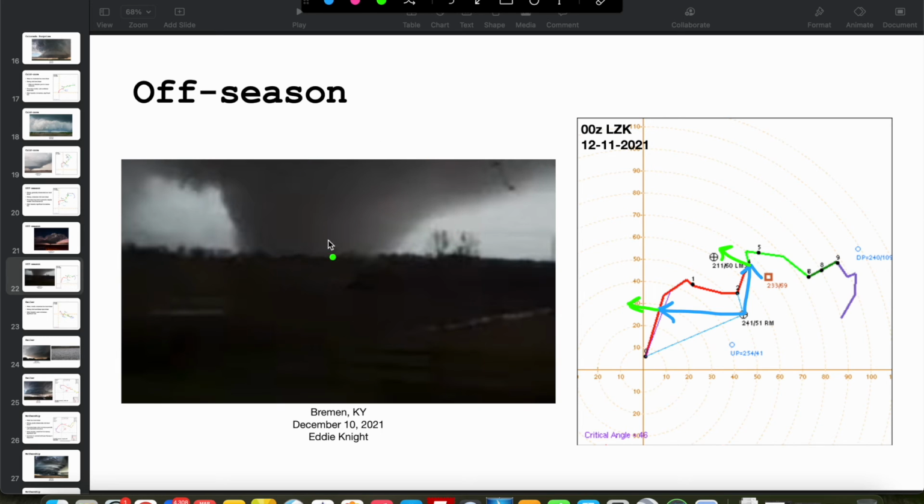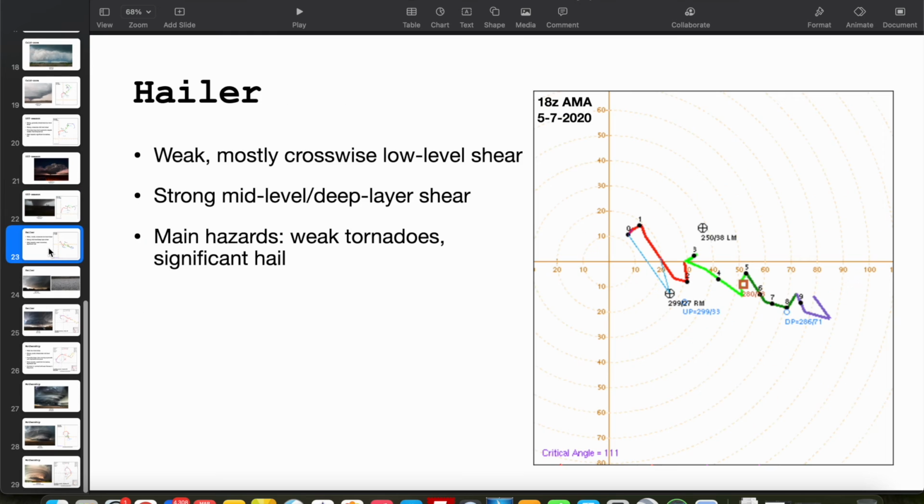And with this one, we had thermodynamics to match, whereas in the Pampa case, we had weaker thermodynamics. With this one, we had very strong instability and very strong low-level shear. Typical off-season hodograph here, and you got a very long track supercell that produced multiple long track tornadoes. So now let's move into the hail type hodographs.